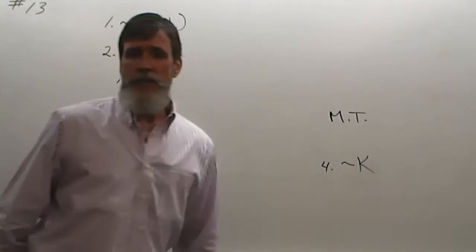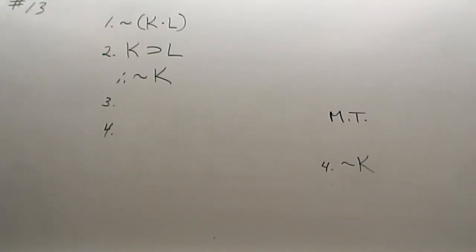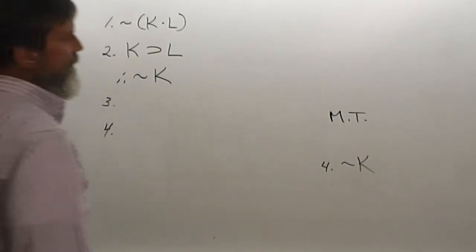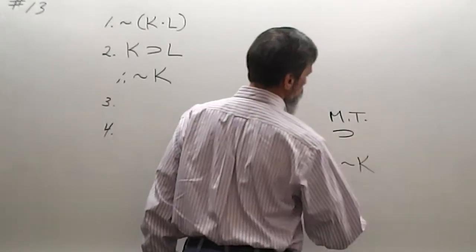Well, obviously our conclusion is going to be curl K. We know our first premise has to be a horseshoe.